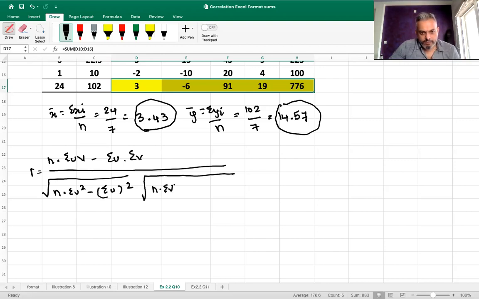N into sigma v square minus sigma v the whole square.